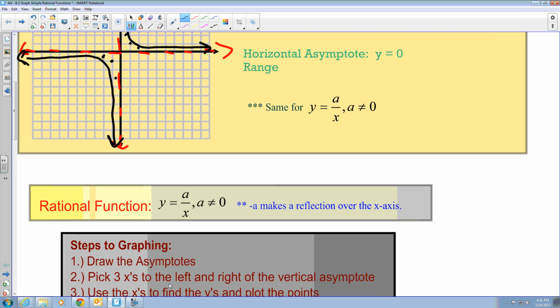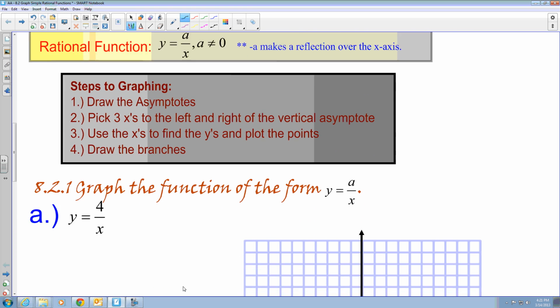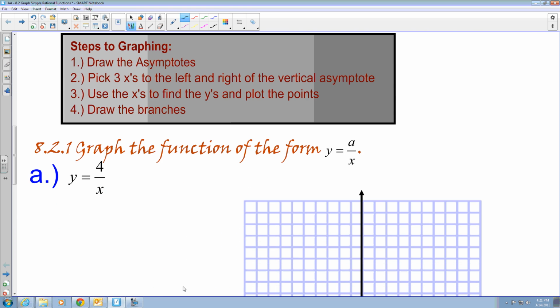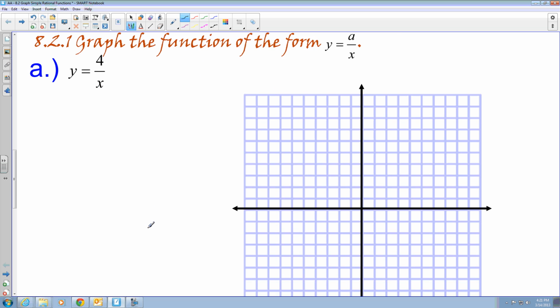So the steps we want to do for making the graphs are: first, draw the asymptotes, figure out where they're going to be. Then I want to pick 3 x points to the left and right of my vertical asymptote. Plot those x and y coordinates, and then draw our graph. So if I have y equals 4 divided by x, I have to figure out what my vertical and horizontal asymptotes are.